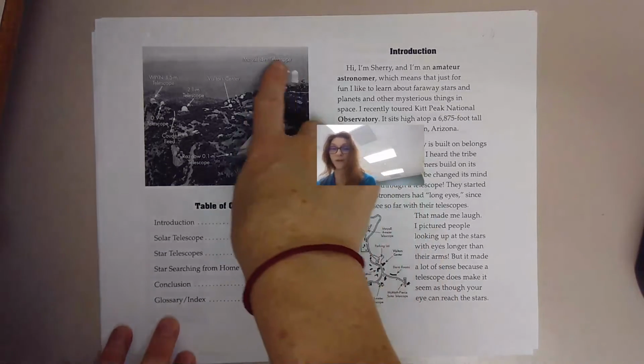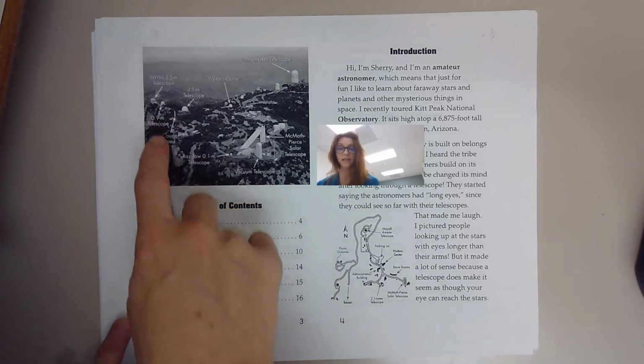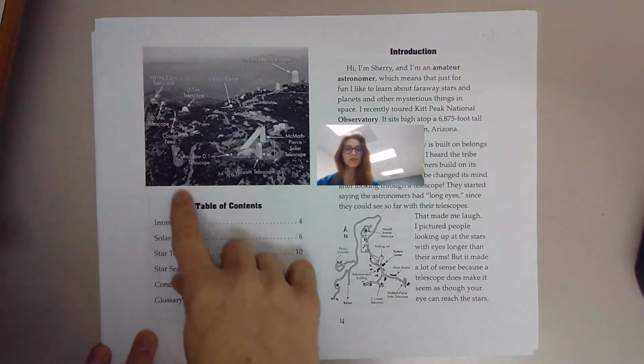Now we can see from this picture that there are multiple telescopes at Kitt Peak. I don't know a lot about this place, but I'm assuming that all these different telescopes must have different purposes. A different telescope maybe to look for stars, a different telescope to look for planets, a different telescope to maybe look for asteroids. I don't know. That's just a prediction I'm making. We see a lot of different structures here.